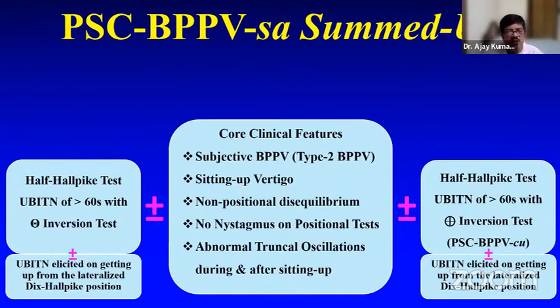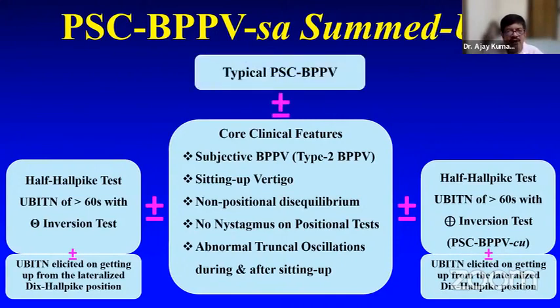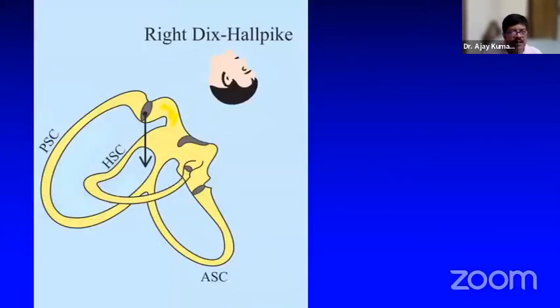Many of the patients whom we treat for typical posterior semicircular canal BPPV have residual dizziness, as we saw in one of those patients, and this can present as type 2 BPPV, and now with the oculomotor patterns as described by Scocco in 2022.